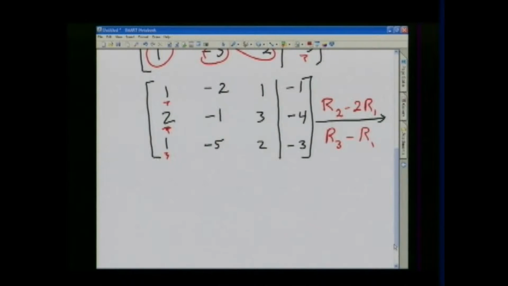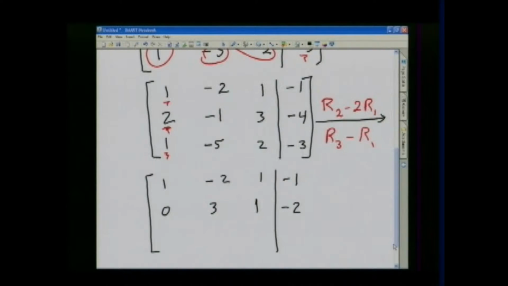To do that, again, first, R2 minus 2R1. That's going to give me, well, the first row would be the same, 1, minus 2, 1, minus 1. Now the second row is going to be 0, 3, 1, and minus 2.